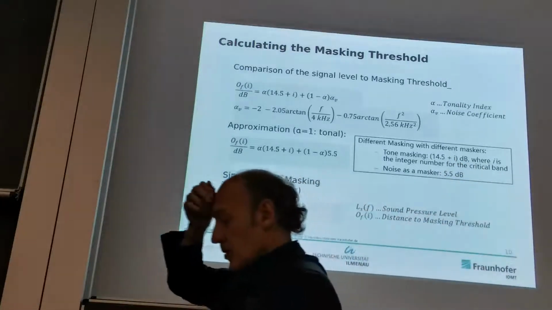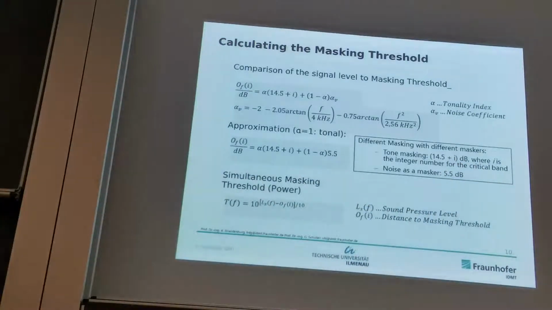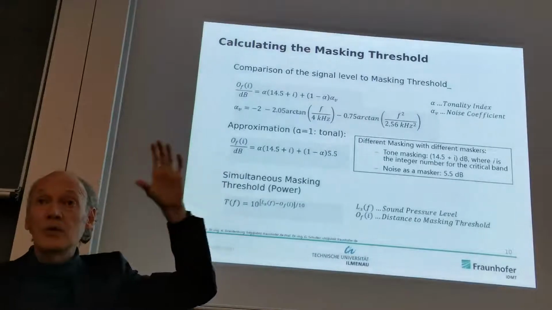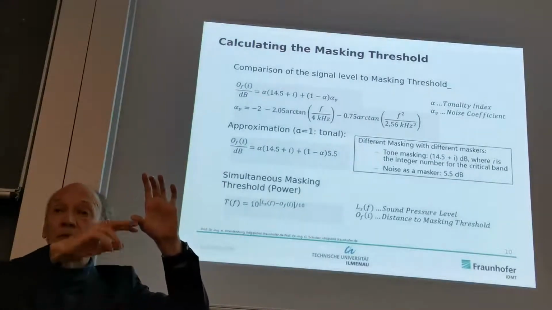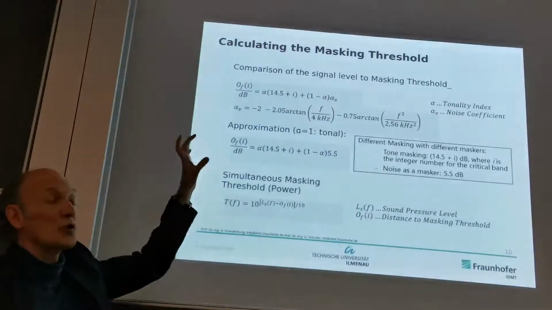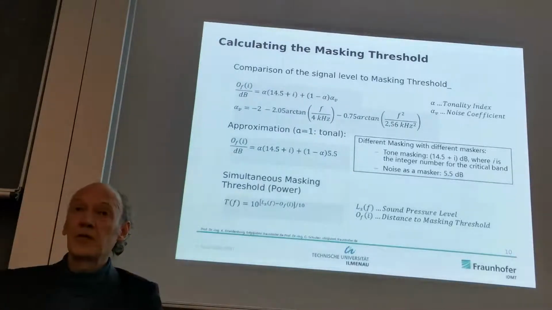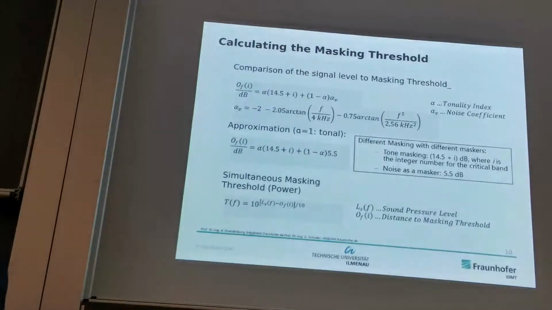So you can see the simultaneous masking is also dependent on the critical band. So basically, from the peak of the sinusoid to the beginning of our spreading function, we have 14.5 dB plus i as the bark index. For instance, if you're in bark band number 10, then you would have 24.5 dB simultaneous masking. So this is the peak of your spreading function.